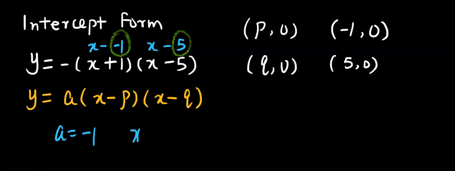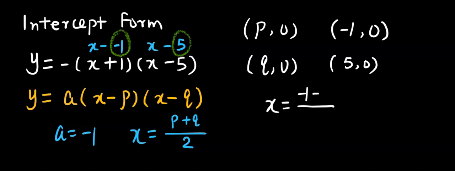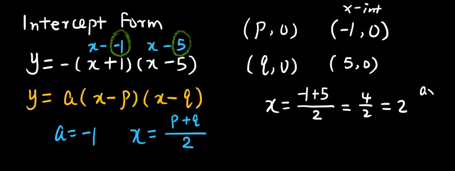Therefore, we're going to write down the axis of symmetry is p plus q divided by 2. p is negative 1, q is 5, add together, that is 4, divided by 2, that is 2. Now we have two very special, beautiful points, our x-intercepts. We also have the axis of symmetry.